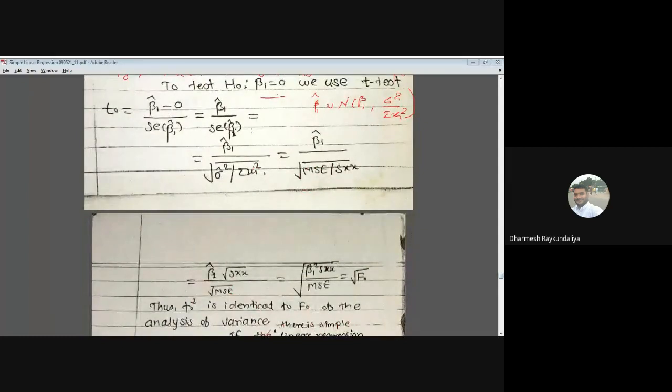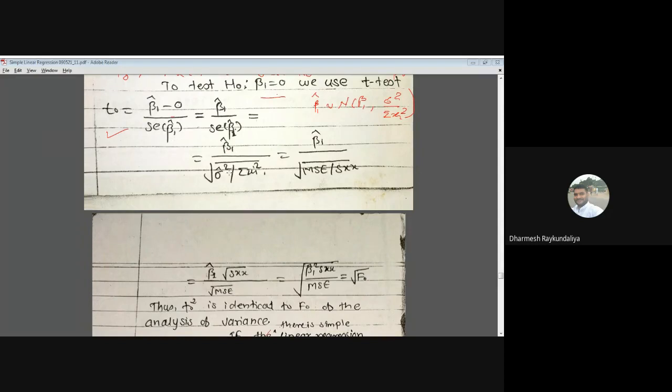What is the distribution of the estimated value minus the true value divided by the standard error? If you say beta 1 cap minus beta 1 upon the square root of sigma square upon summation xi square, but sigma square is unknown, so instead of a z test it has a t distribution, and that is how the test statistic is a t. Beta 1 cap under H0, what is the value of beta 1? It is 0, divided by the standard error of beta 1 cap.